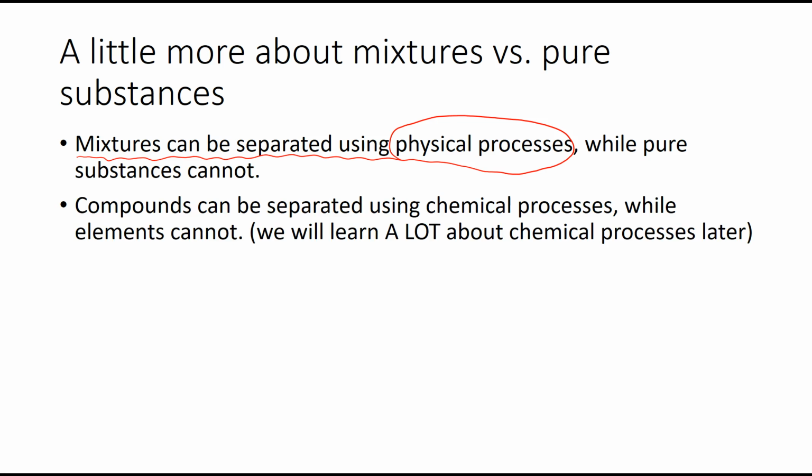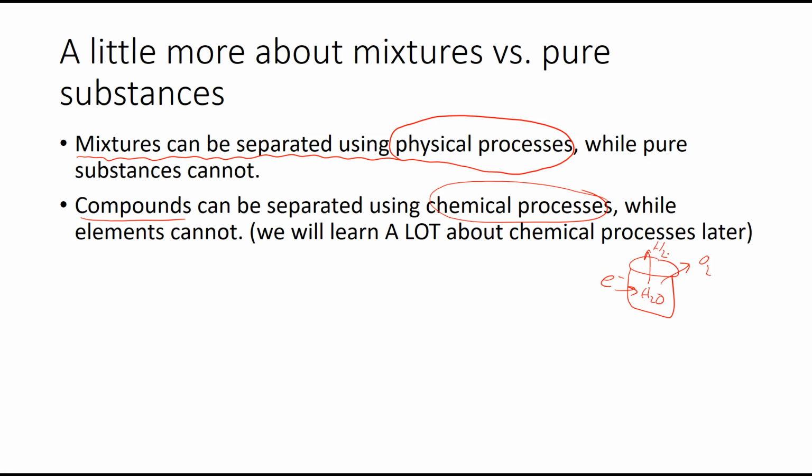Now, we're going to do one step down. Our two pure substances we talked about are either pure elements or compounds. Compounds we can actually separate using a chemical process. For example, if I had some water in a beaker and I run electricity through that water, if there's a little electrolyte present, I can take that water, which is H2O, and split it up into oxygen and hydrogen.